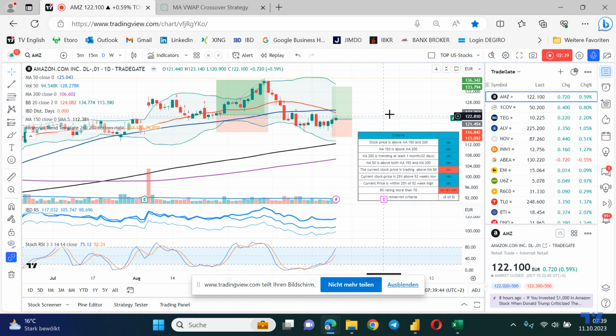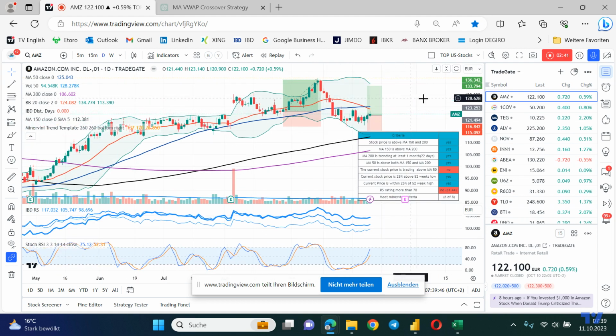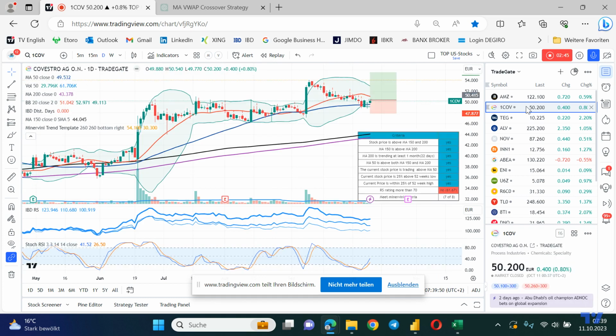Okay, so actually Amazon is already part of our portfolio, as is Covestro. Covestro, you could. No, this is still okay. Relative strength is good. We have 7 of 8 Minervini trend template criteria met, so we mark that.